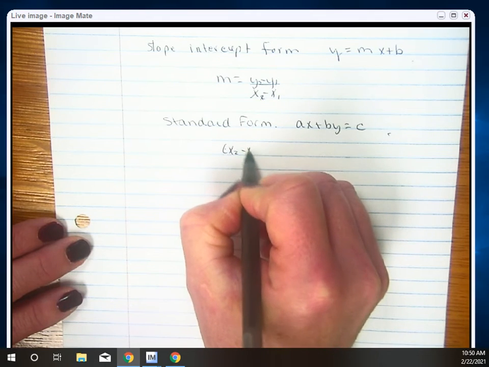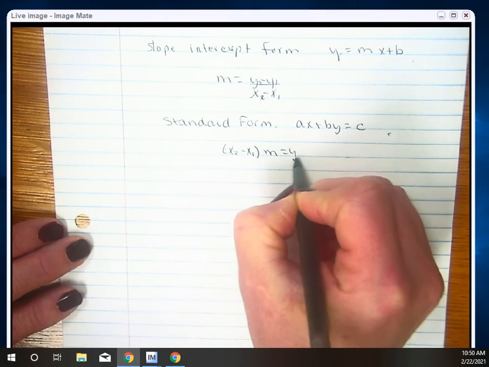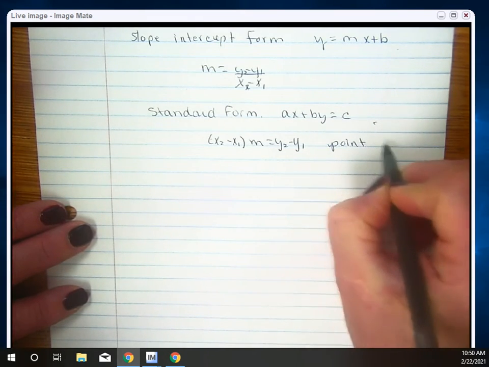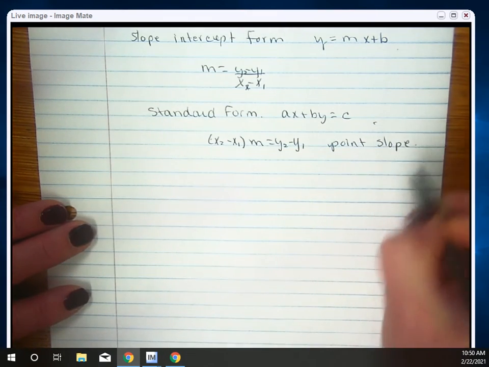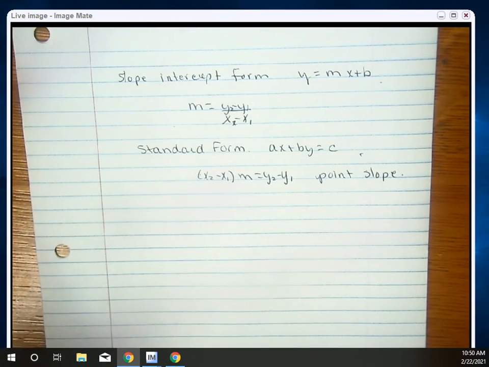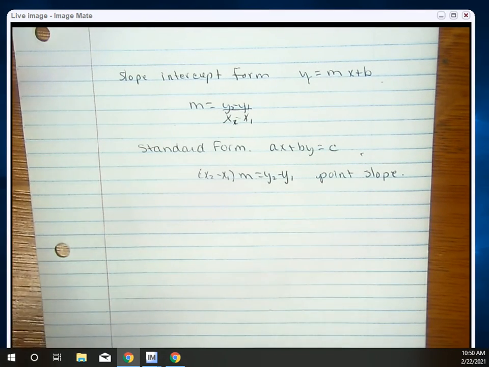So your x minus your x times the m equals y minus y. Point slope. Let's see. I think that's everything on this part.